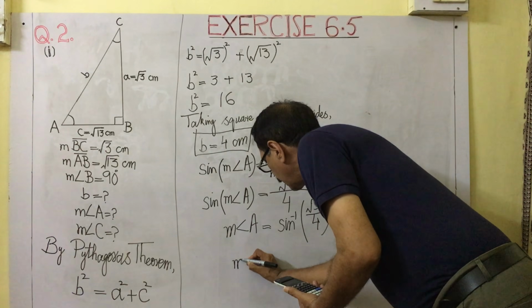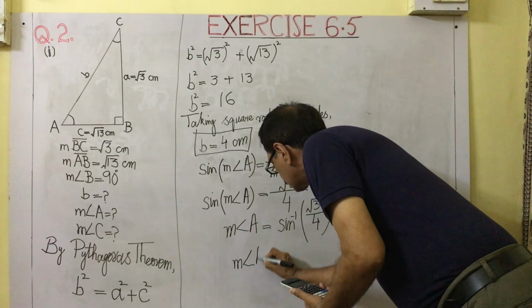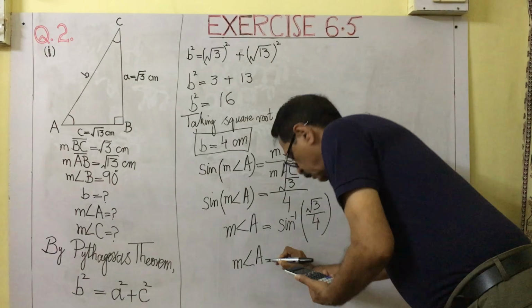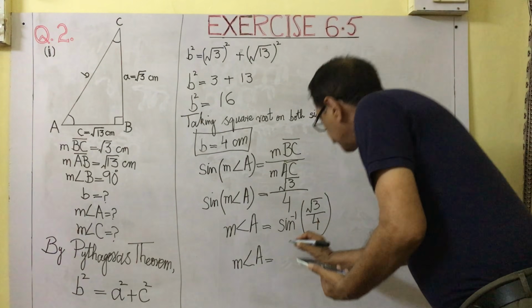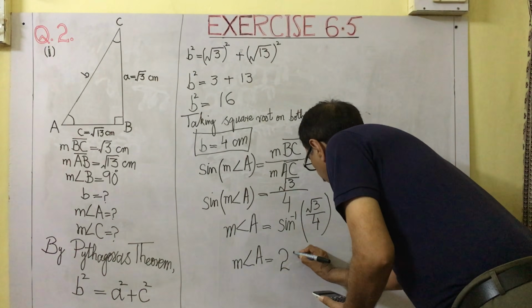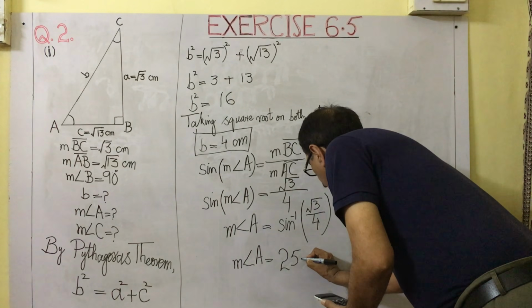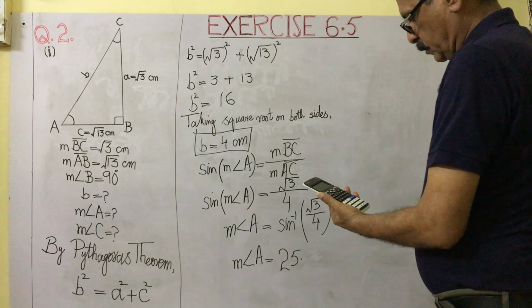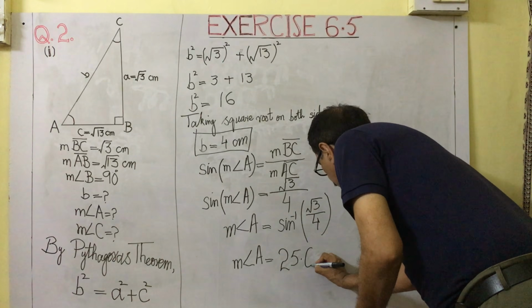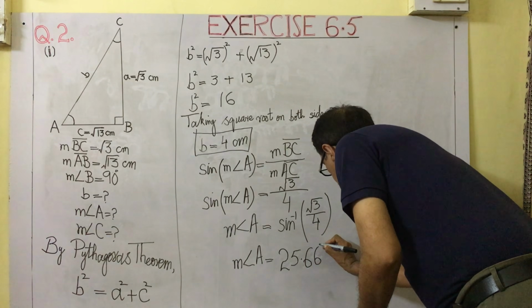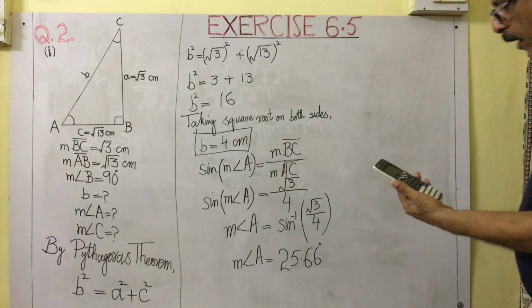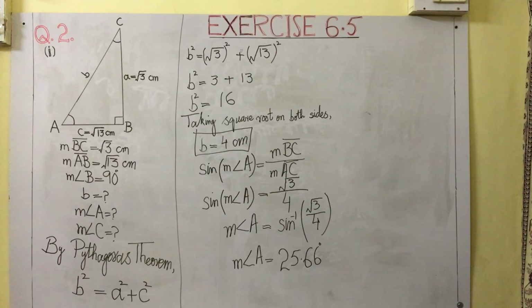The measurement of angle A comes to be 25.66 degrees.